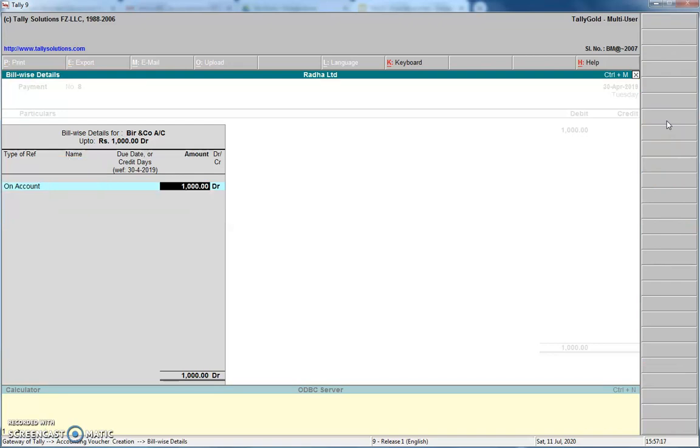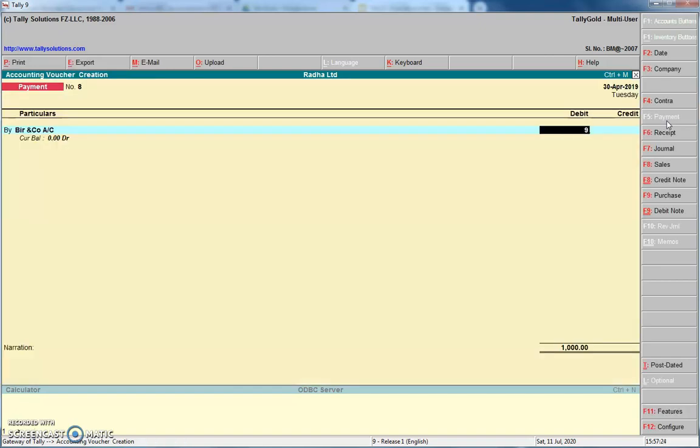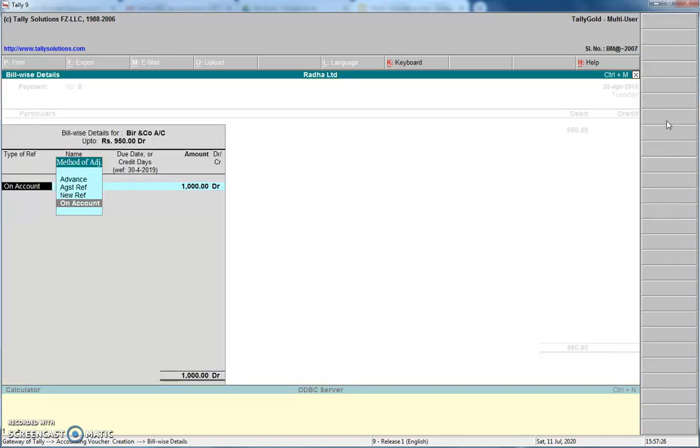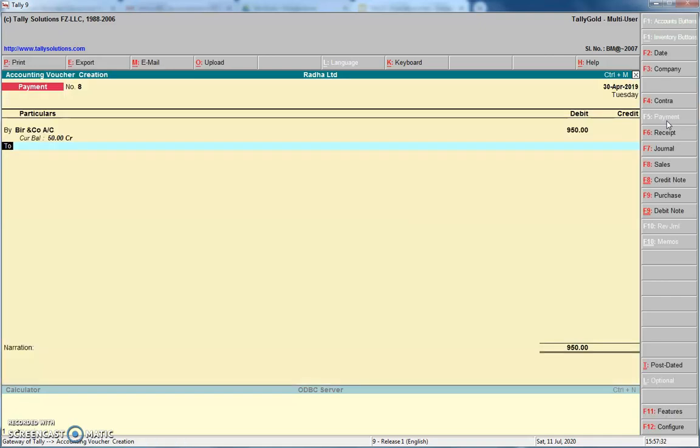On account, the amount we are paying is only 950. So here we enter the figure as 950. On account, you have to enter it as 950, and cash 950. You have to correct it here as 1000.